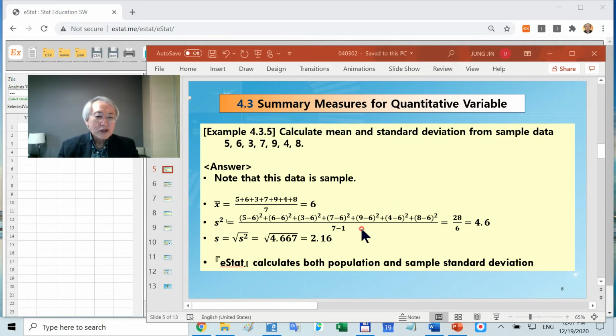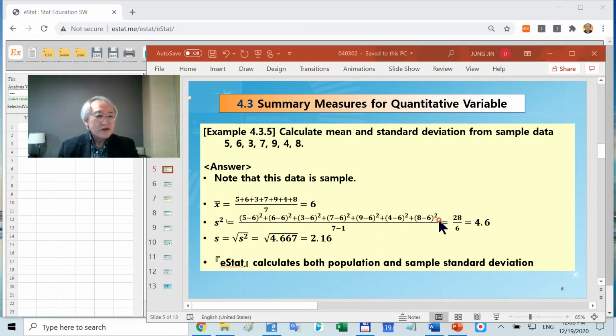Add it all, but be sure, since this data is a sample, you have to divide by 7 minus 1. The variance is 4.6, the actual number is 4.667, and the standard deviation is 2.16.